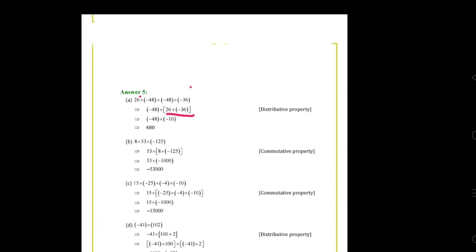So 26 minus 36 means -10, and it is multiplied by -48, so it becomes 480.